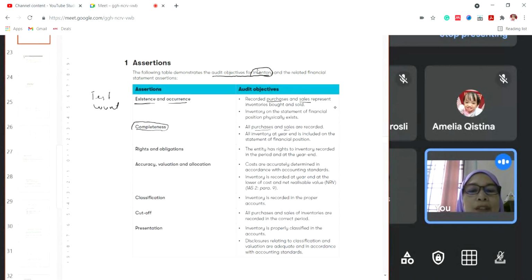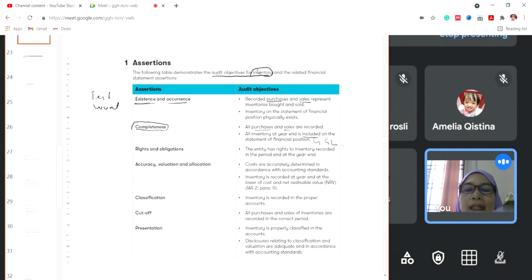If it is included and recorded, that is considered complete. So normally you look at the general ledger for the item.